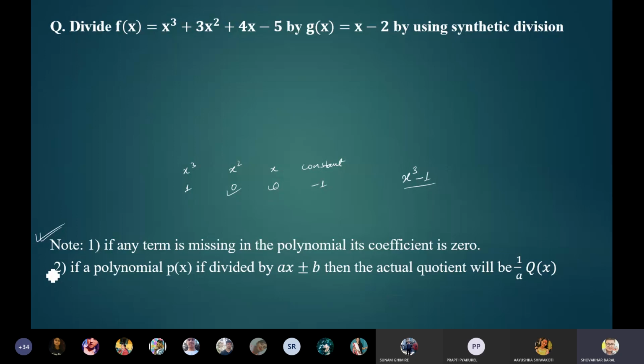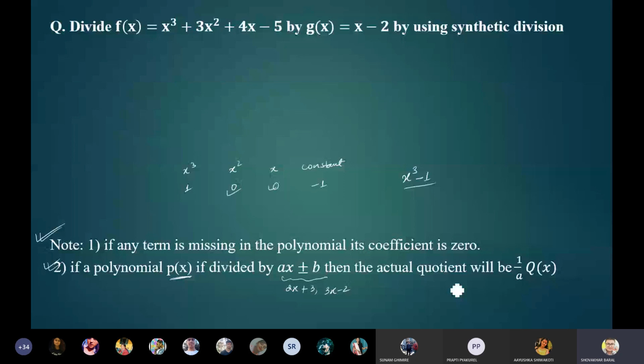Okay, and the very last, this note number 2 is very important here. If a polynomial p(x) is divided by ax plus minus b, something like 2x plus 3 or 3x minus 2, if the divisor is something like this, then the actual quotient will be equals to 1 divided by a times q(x).